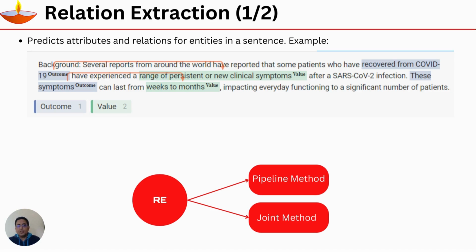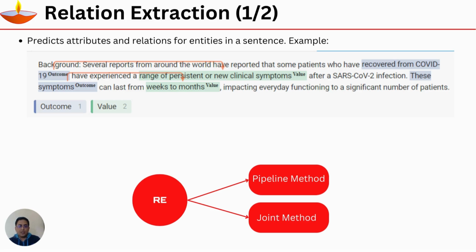Now, the second approach is the joint method, where the entities and relations are extracted simultaneously. So we get the entity, and the relation between these entities is also extracted at the same time for a particular sentence, right? So we'll see how it essentially happens.